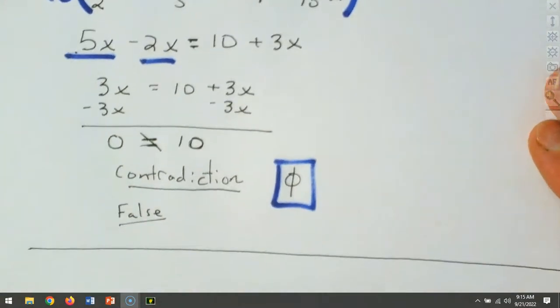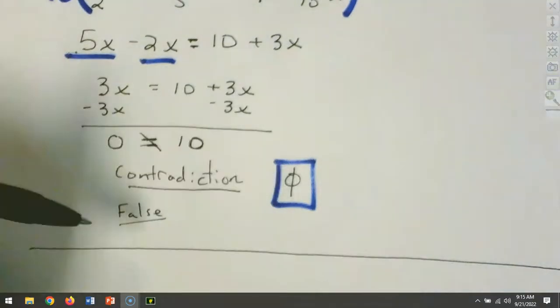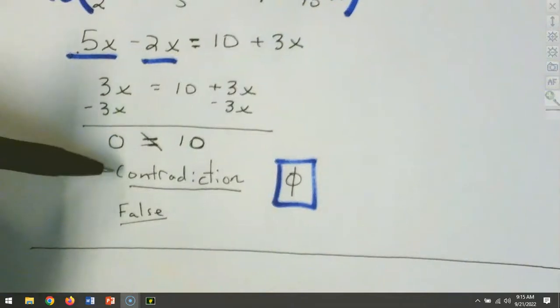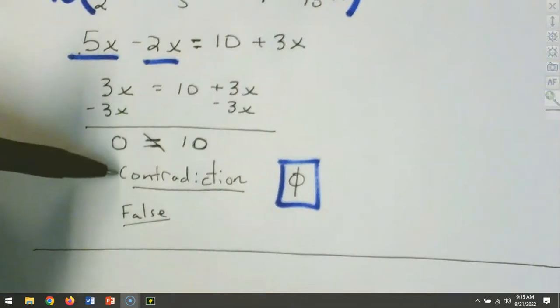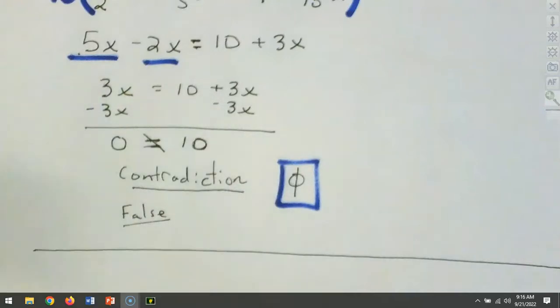It's a contradiction. And remember, what do we know about giving contradictory testimony in a court of law? If I give a contradictory testimony in a court of law, that means I lied or I gave a false statement. Can't happen, right? You're not supposed to lie in court. That's why this has no solution. It's false, and it's called a contradiction. So it's a contradiction, and it has no solution.